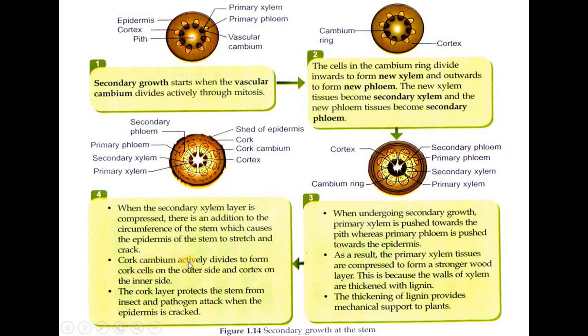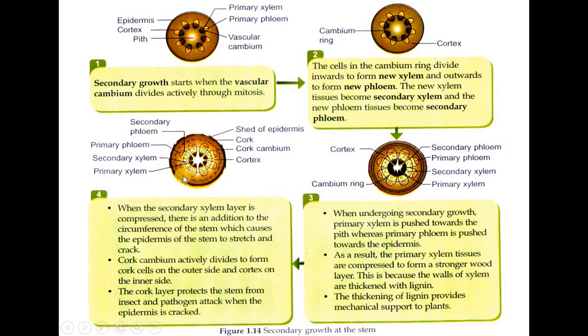Here, the cork cambium actively divides to form cork cells on the outer side and cortex on the inner side. As we know before, there is another lateral meristem tissue. What is it? Cork cambium.